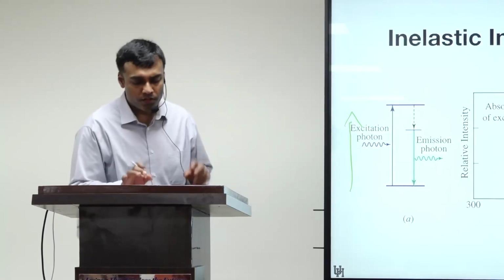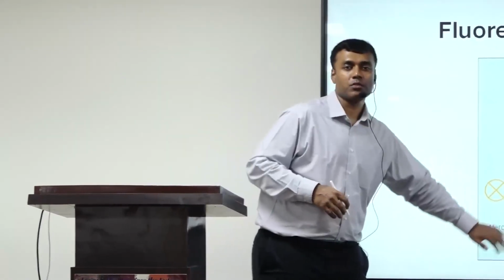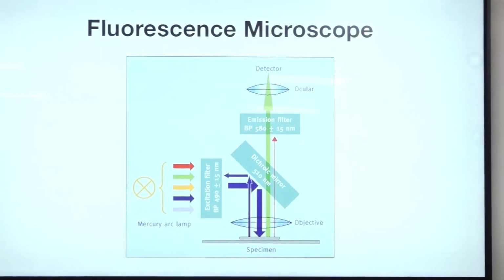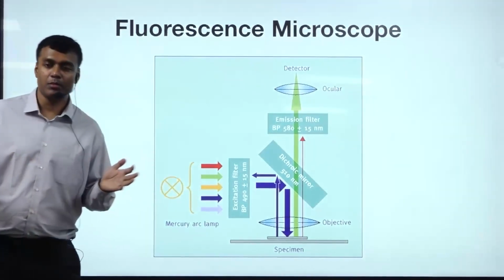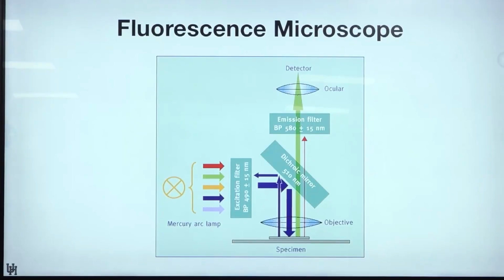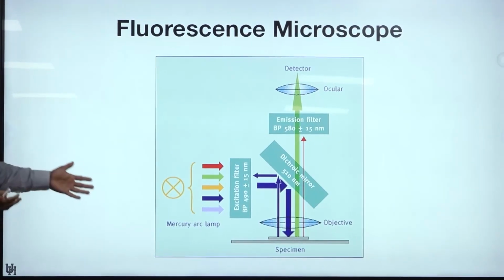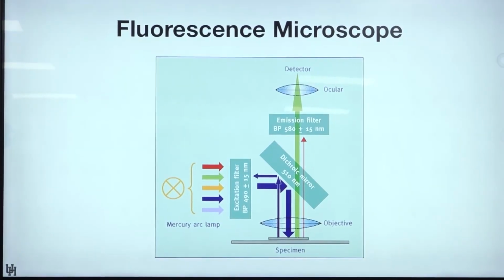Okay. Based on fluorescence, people have built what is called a fluorescence microscope, and it's a very commonly used imaging system. It's there with a lot of people who do chemistry, biology, and engineering like us. Many of us have fluorescence microscopes. Even I have one in my lab, and many of my collaborators as well.